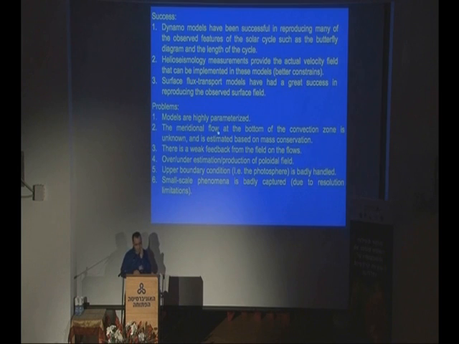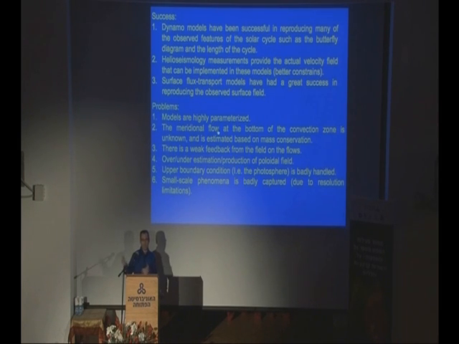Some problems with these models: many of them are highly parameterized. They have a lot of free parameters and we can just play with the parameters and get what we want, essentially without a strong physical basis for doing that, or saying why this particular set of parameters is the right one. The meridional flow at the bottom of the convection zone is unknown, so they need to make some assumptions about that.